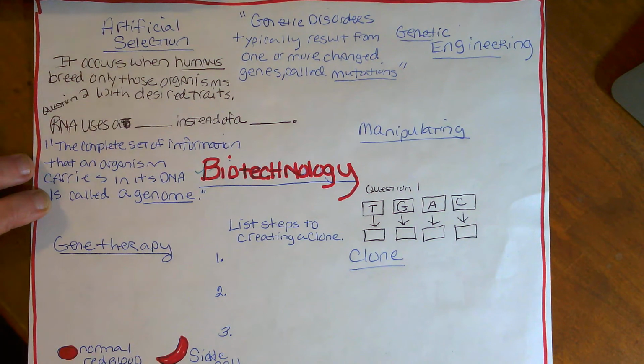The next vocab word we're going to focus on is genetic engineering. This is what you saw when I showed you that movie, Cracking the Genetic Code. This is something that only scientists, researchers, or doctors, PhD, MD, people like that can do. So we're going to find genetic engineering on page 164. It says, through a process called genetic engineering, modern geneticists can transfer a gene from the DNA of one organism into another.